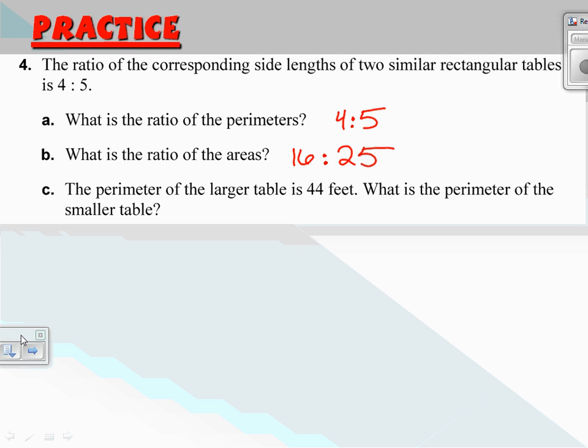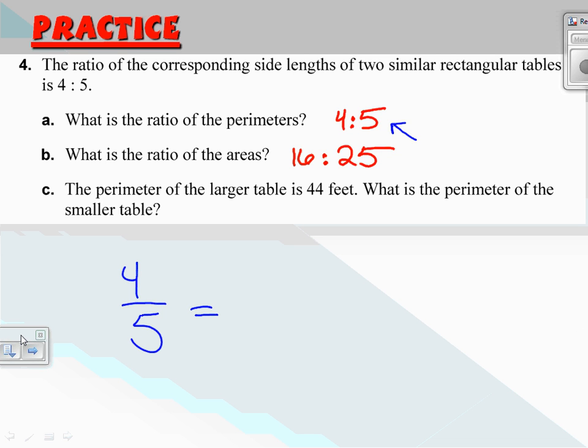What's the ratio of the perimeter? Well, isn't the ratio of the perimeter this? What I'm going to do is write a proportion. The ratio of the perimeters is 4 to 5. This is going to help me solve the problem for letter C.